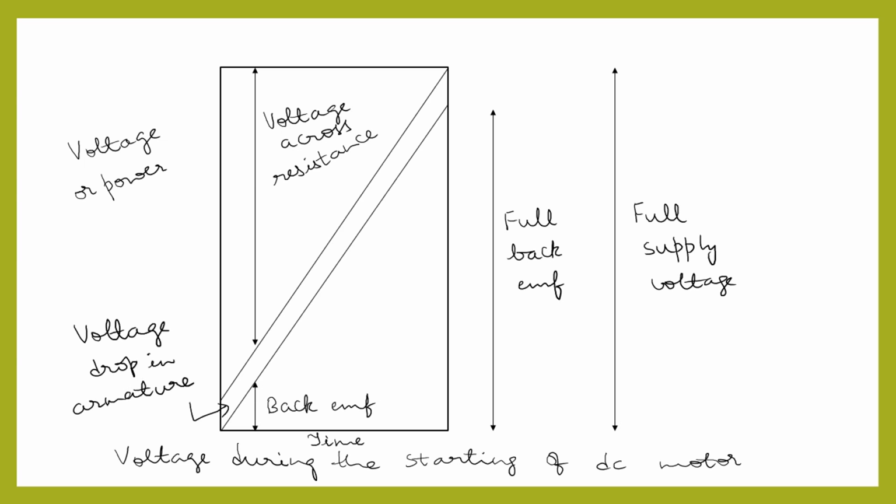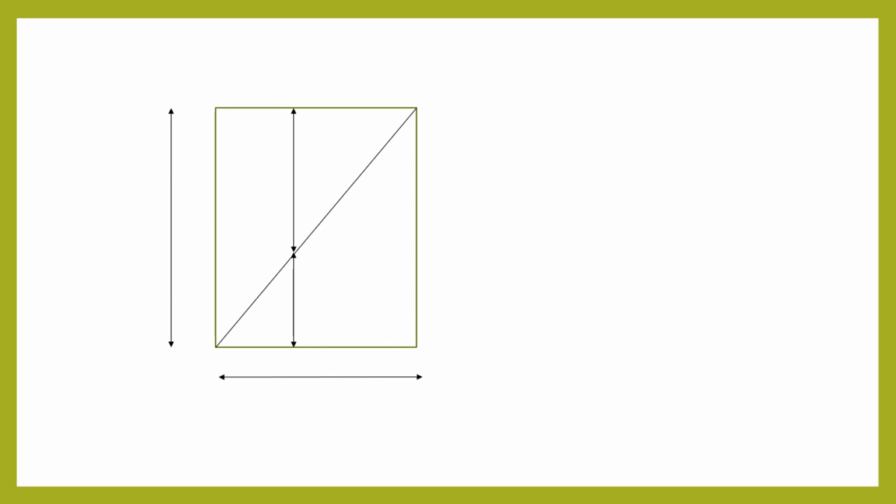So as seen in the figure, we can notice that the back EMF at the starting period is 0 and the voltage across the starter resistance is high. And back EMF is gradually developed and we get the full back EMF at the end of the starting period, whereas the voltage across the starting resistance is 0. So in this figure, we can see the starting of the DC motor by using the resistor in the armature circuit.